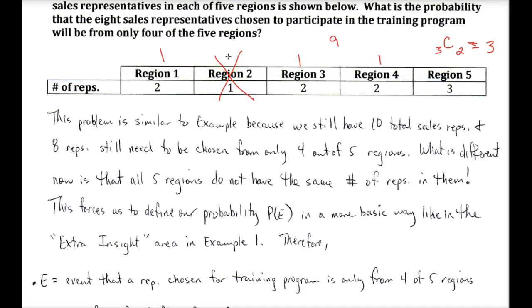So using the fundamental counting principle in this example, there's only one way to choose region 1, one way to choose region 3, one way to choose region 4, but 3 ways to choose region 5. If we multiply all that together, we get 3 for that particular possibility. So that is how, even within this, the fundamental counting principle is used.